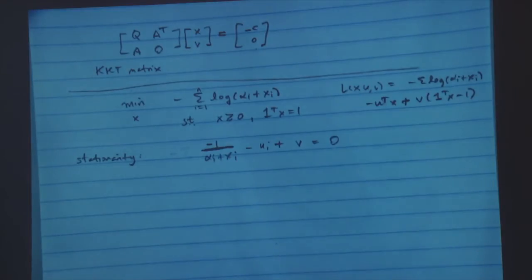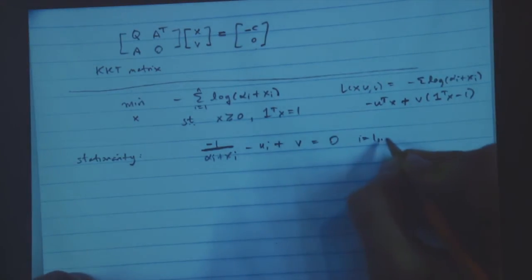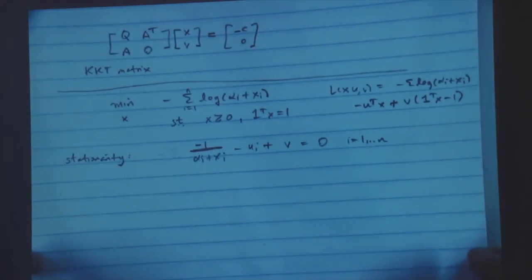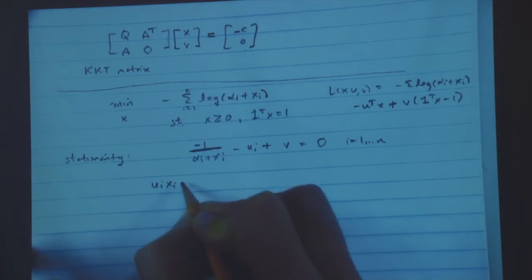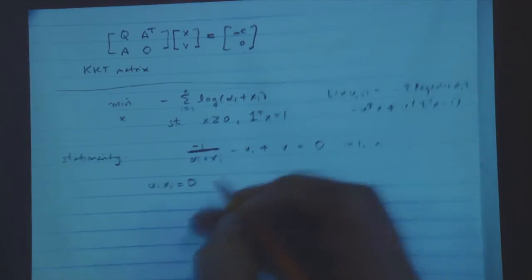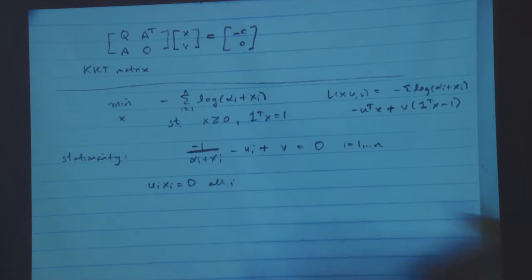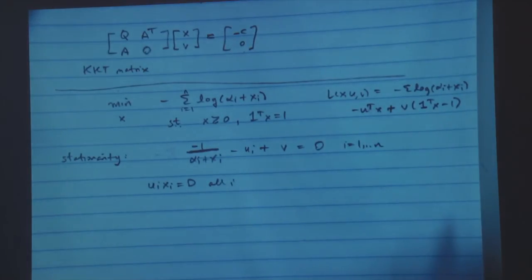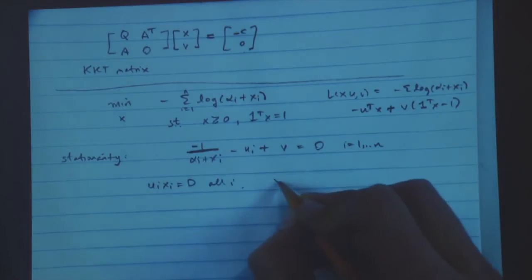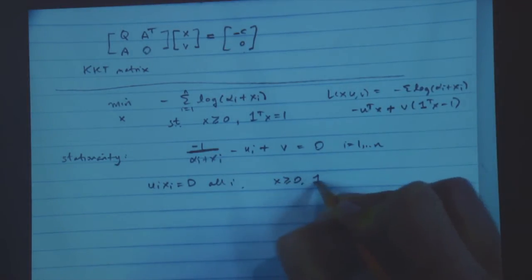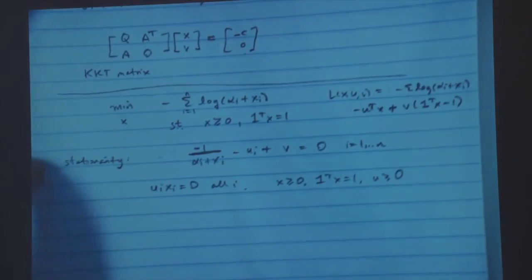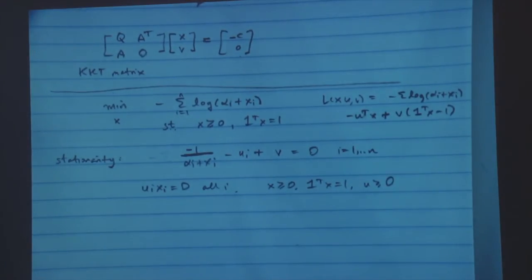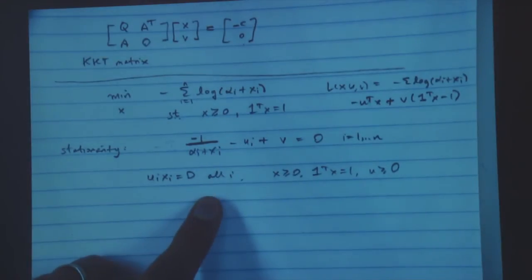That's the stationarity condition. This must hold for all i. Complementary slackness says that the sum of the u_i times x_i has to be equal to 0 for all i. And then there's, of course, primal and dual feasibility. So these are the KKT conditions. If we found x, u, and v to satisfy this, we would have solved this problem.